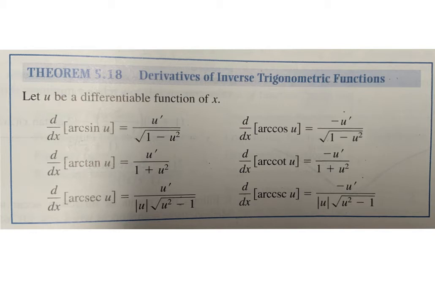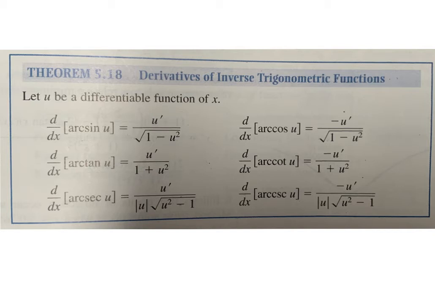So arcsine of u, being a function, has the derivative of that function over the square root of 1 minus that function squared. Arccosine is the same thing, except it's just a negative. Arctangent is the derivative of u over 1 plus u squared, and the arccotangent is the same thing, just the negative on top.